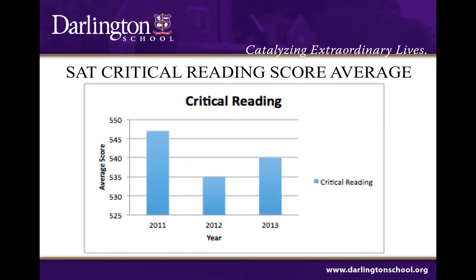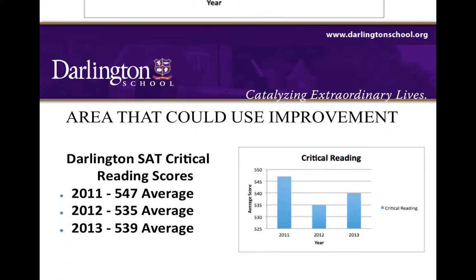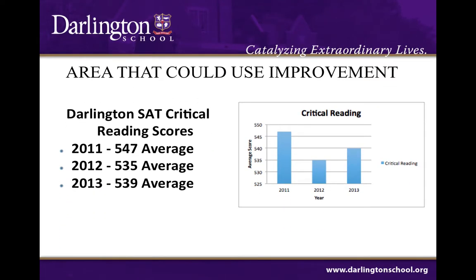In our critical reading scores, for this year are right around 538. Again, in 2011, our scores were very high at about 547, and then again dropping in 2012. And this is the area that we can use some improvement.